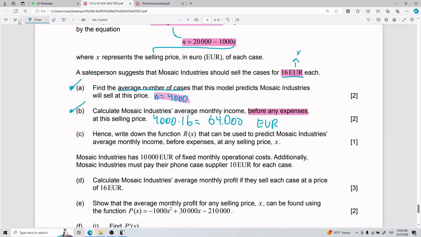And then part C, they tell us that hence, so because it's hence, you need to use everything from before. Write down the function R(x). Okay, that sounds horrible. Write down the function R(x) that can be used to predict Mosaic Industries' average monthly income before expenses at any selling price x.